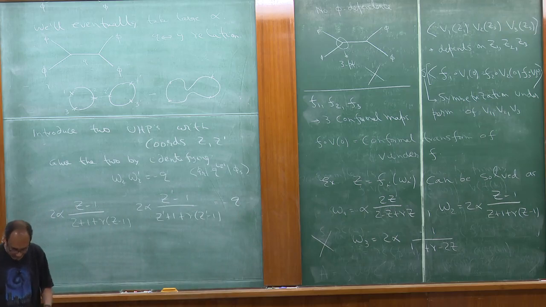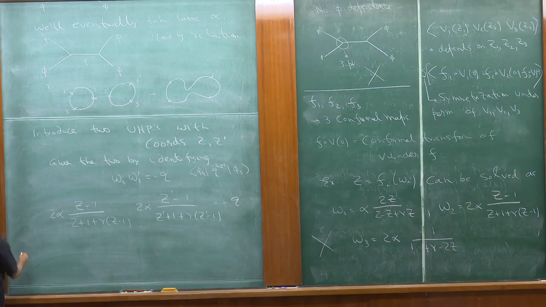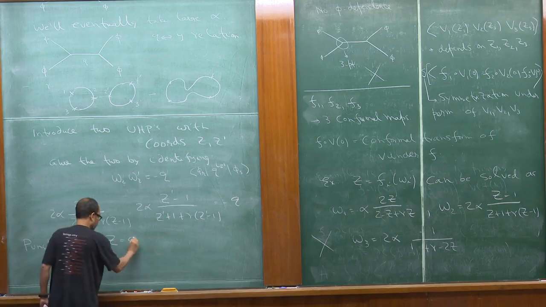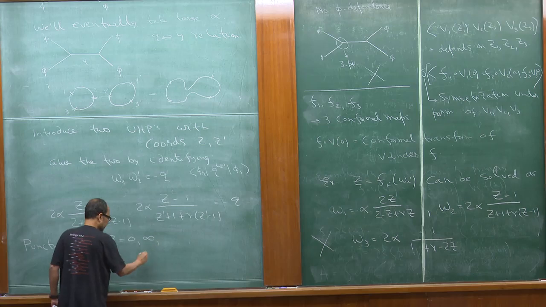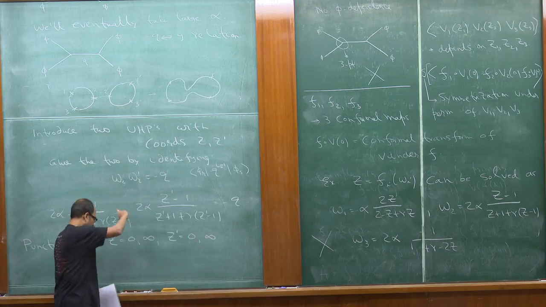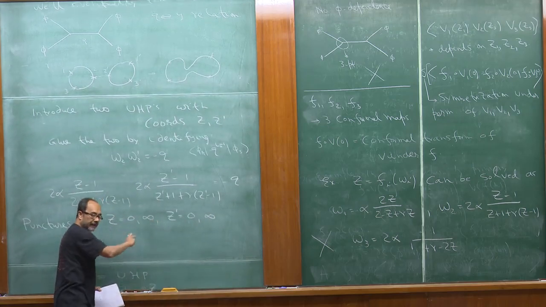Now z and z prime have been related. Because you are gluing at 1, the punctures are at z equal to 0, infinity and z prime equal to 0, infinity. But using this map we can figure out what they are in the z plane.